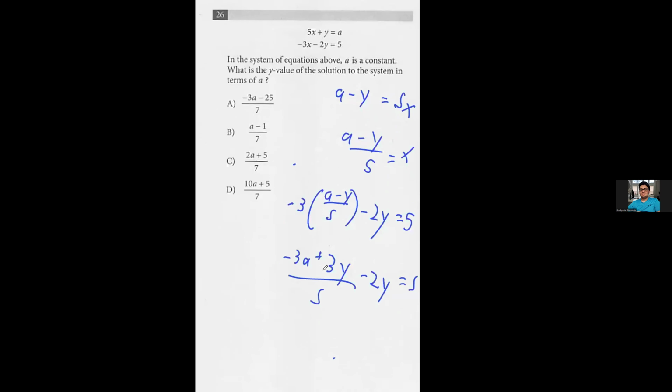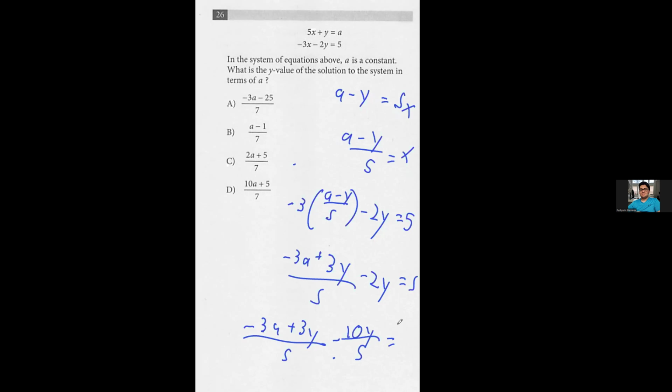Then we need to get all the y's to have the same denominator so I can add these. So this would become negative 3a plus 3y over 5 minus 2y times 5, so this would become 10y over 5, because 10 over 5 is just 2, so it's the same thing.